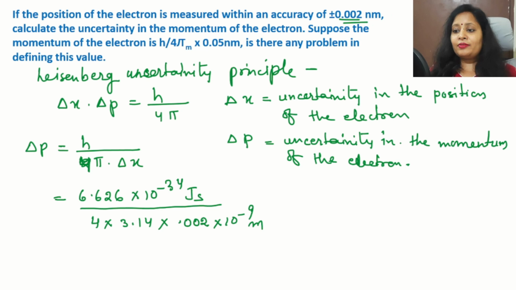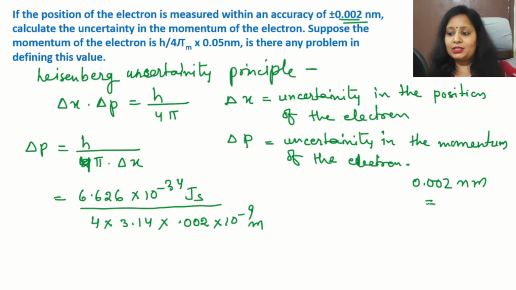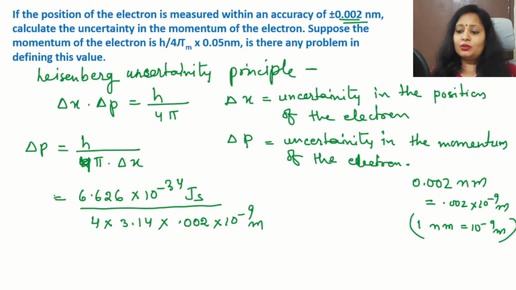Here it is given in nanometer. 0.002 nanometer, for the sake of calculation, we need to put in meters. So it will be 0.002 into 10 to the power minus 9 meter, because 1 nanometer is equal to 10 to the power minus 9 meter. So we got this equation.